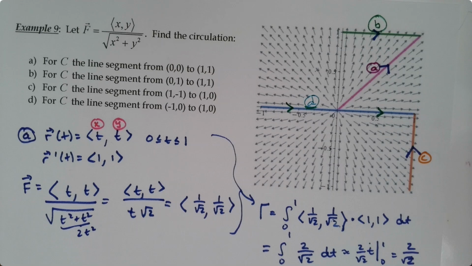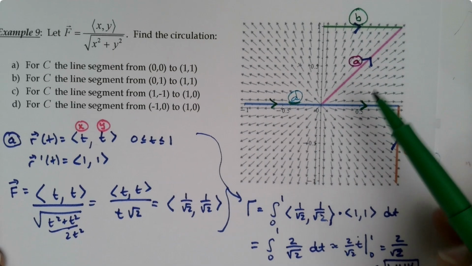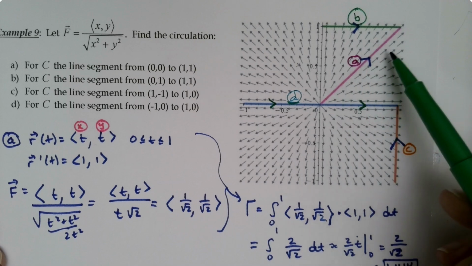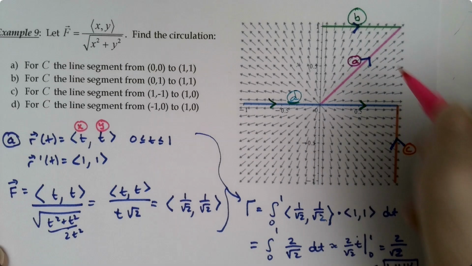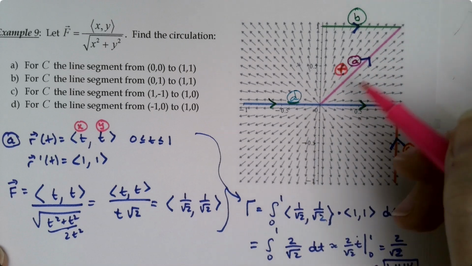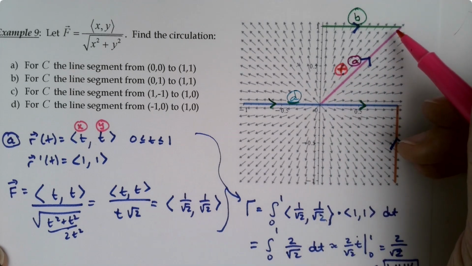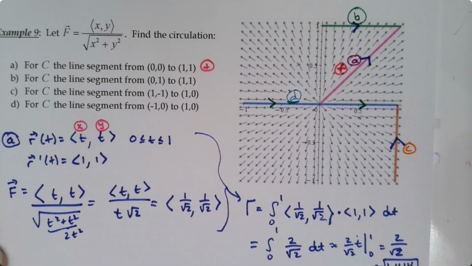So let's go back up and look at the curves for a second. If we look at A, you can see that the arrows are pointing along with A, that curve. So this is going to have positive circulation for A. It's a positive number and it's big-ish, because the arrows are pushing along that curve. So this one had a positive circulation.